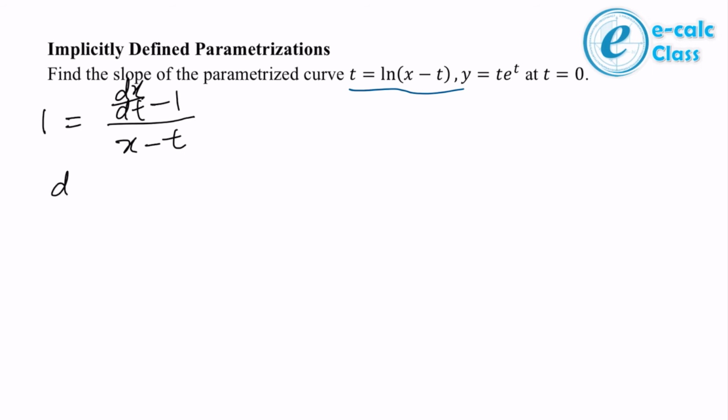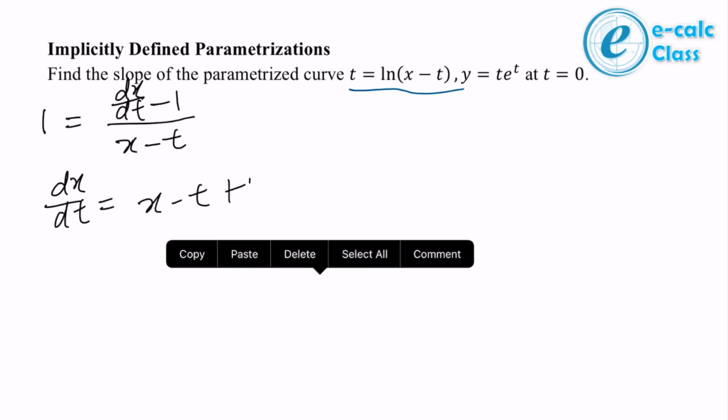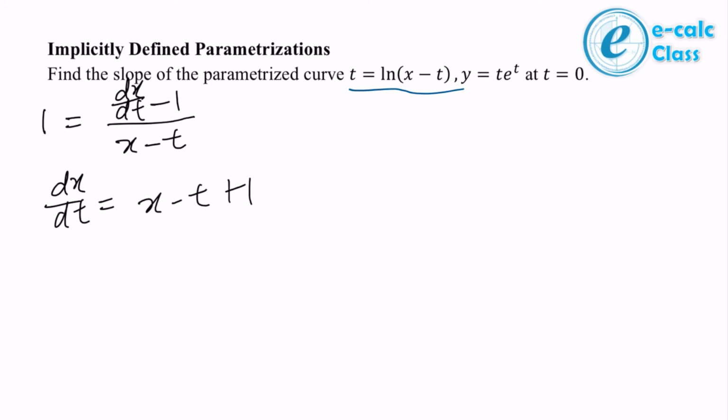We want what? dx/dt. x minus t plus 1. Oh, wait, let me see. For this one, because the question only asks us to find the slope, we don't need to find the second derivatives. So you can actually substitute in your value of t now. And you will see why later, because if you don't do it now, when you put in your dy/dt, you will have a lot of things to substitute.